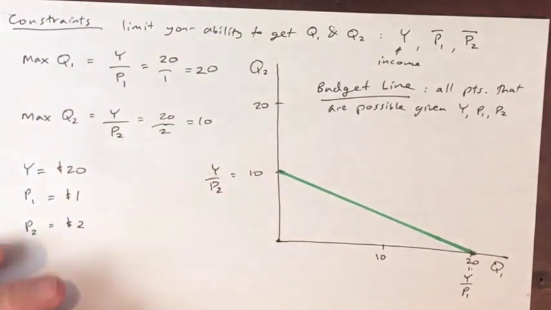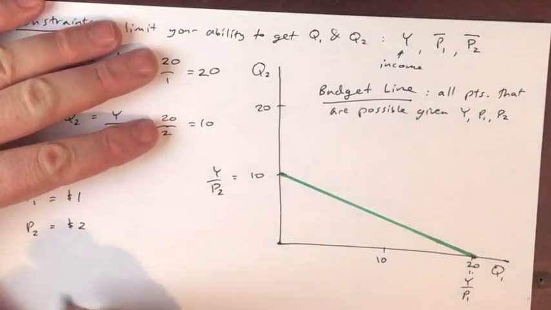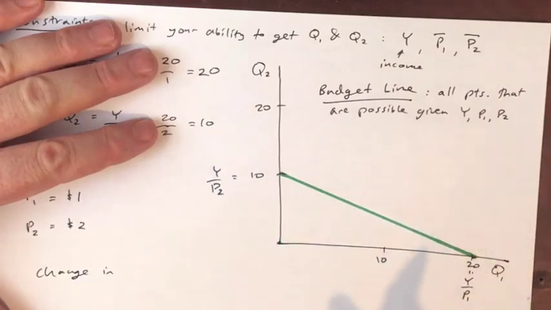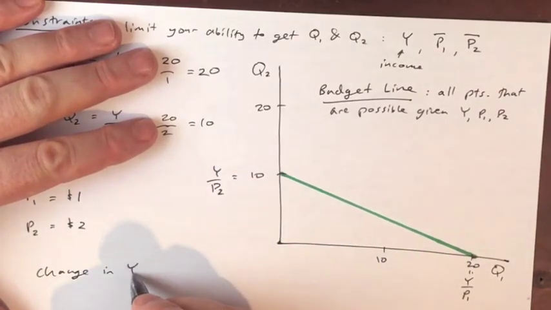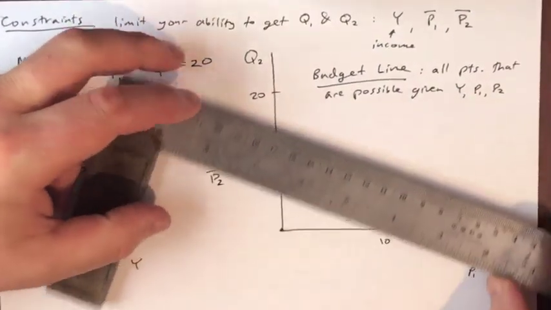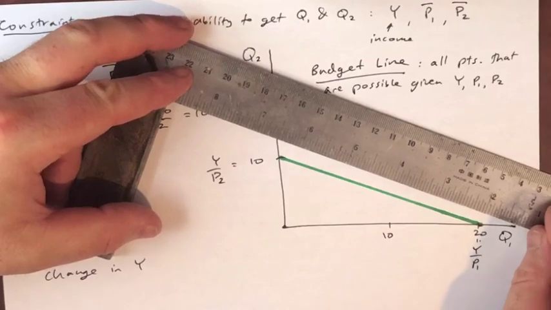Now, if these things change, if we get a change in any of the things that we said, a change in income, let's say. Okay, let's say this individual has more income than before, right? Let's say they get a raise. Well, this is going to shift the budget line out in a positive direction.